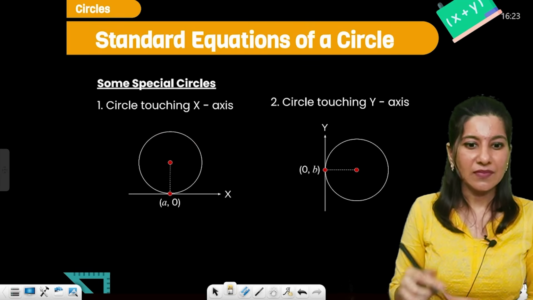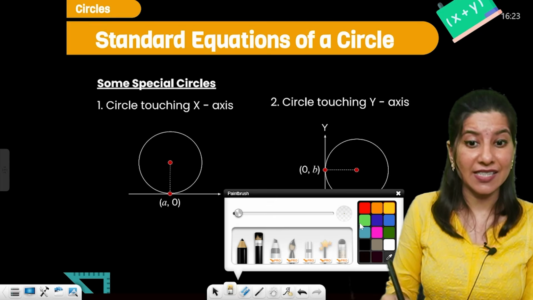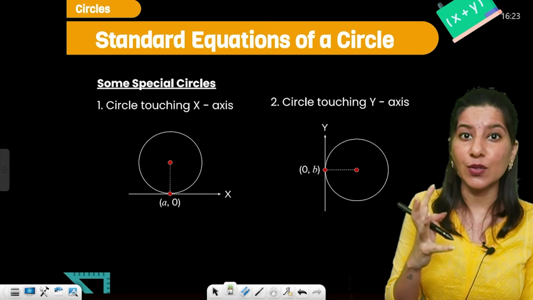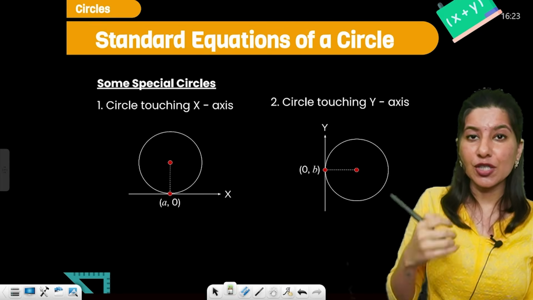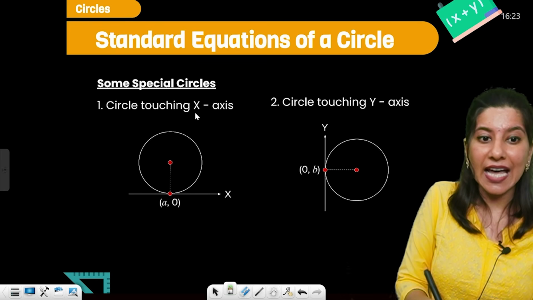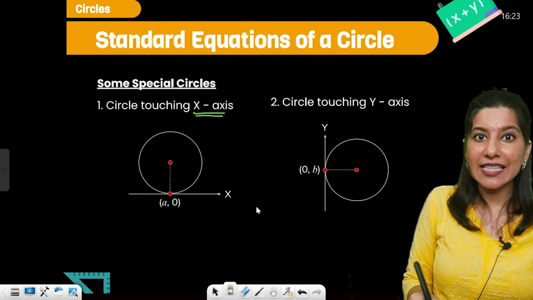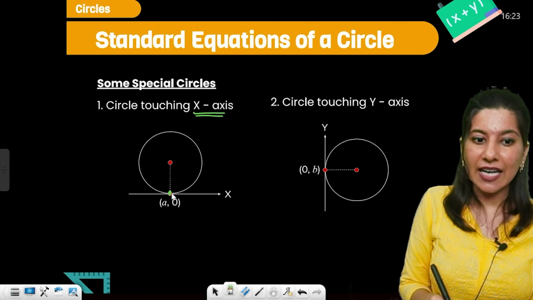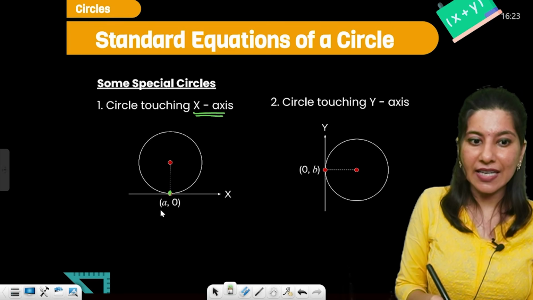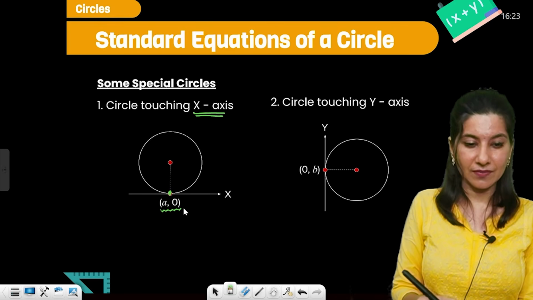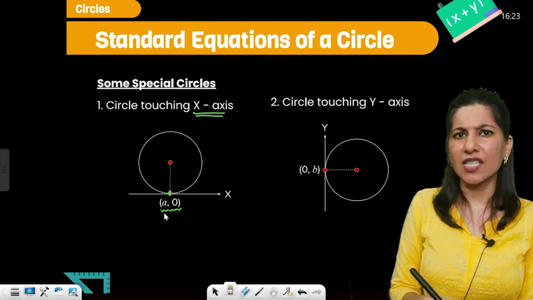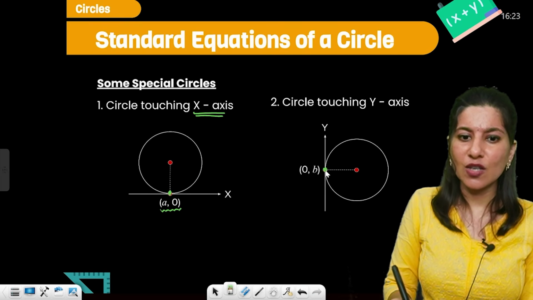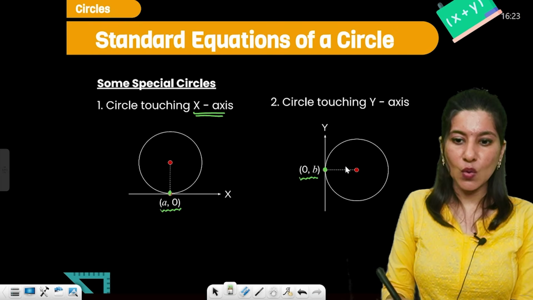Now, there will be some special cases of a circle, some special scenarios. So it will be given in the question that the circle is touching the x-axis. So if a circle is touching the x-axis, that means the diagram will look like this, and the touching point is (a, 0). Circle touching the y-axis, (0, b). Okay.